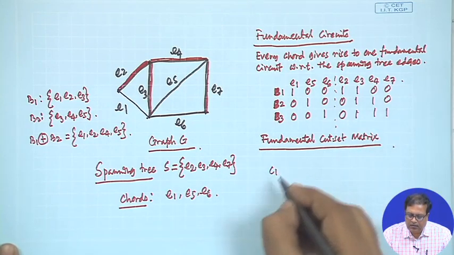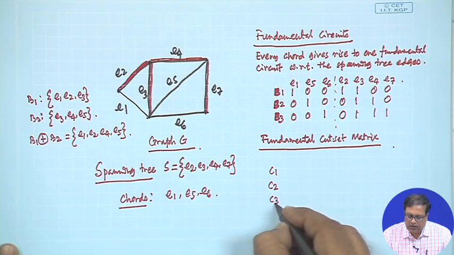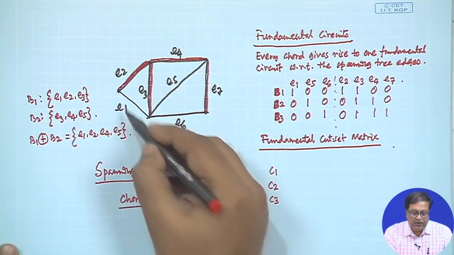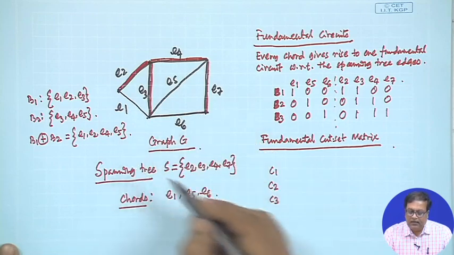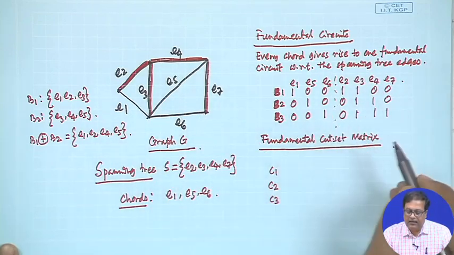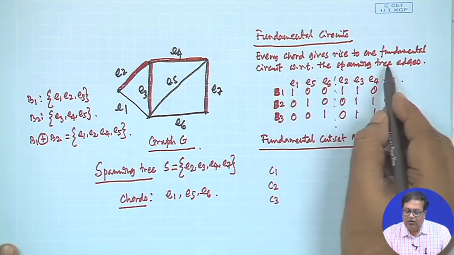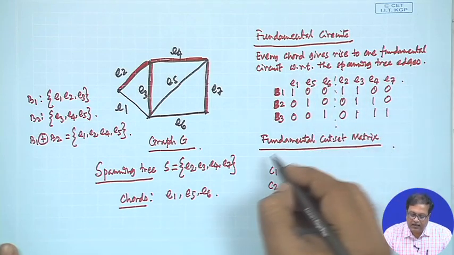So C1, C2, C3, how many will be there? How many spanning tree edges are there, right? Like in fundamental circuits, every chord gives rise to one fundamental circuit.